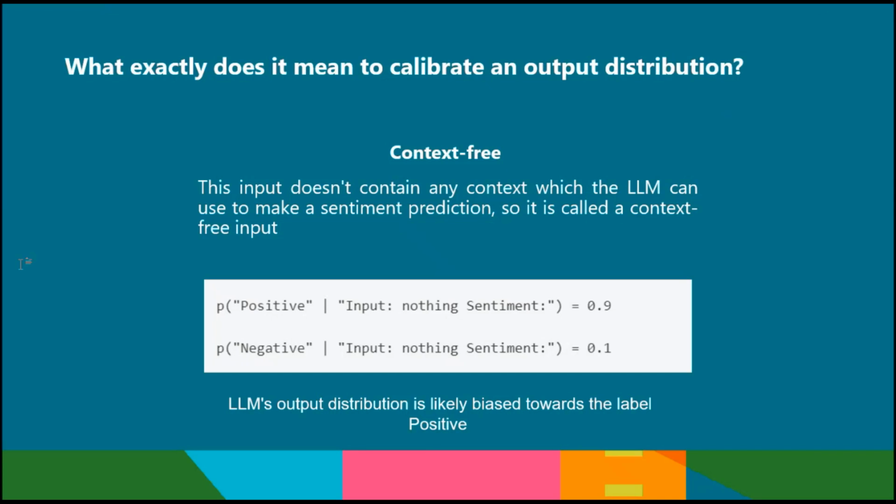So now here's the thing. Since nothing doesn't lean towards either positive or negative, we would expect the model to say it's 50-50, right? Both positive and negative should have a 50% chance. But surprise, that's not the case with LLMs.